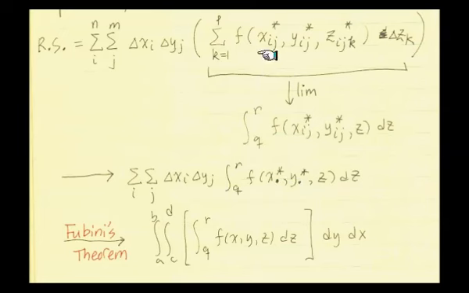It is important that we have this x and y coordinate only in terms of i and j like that. With that, we turn the inside into a function of x and y. Then the rest of the part is just the double integral and Fubini's theorem.